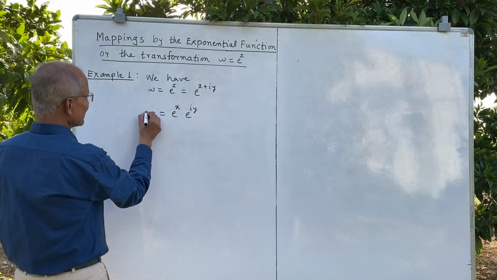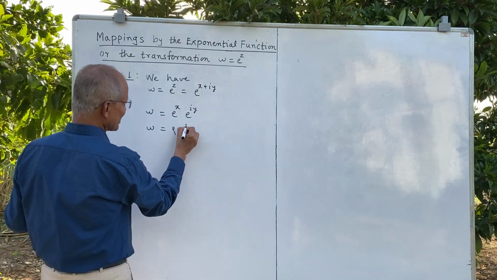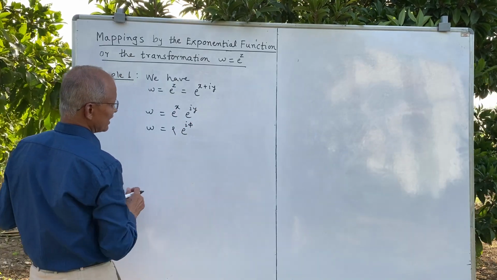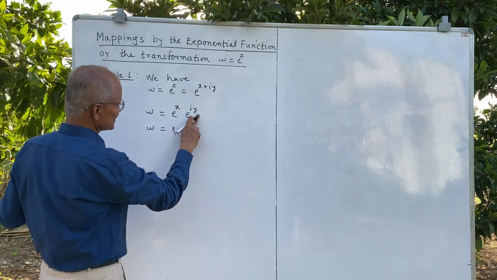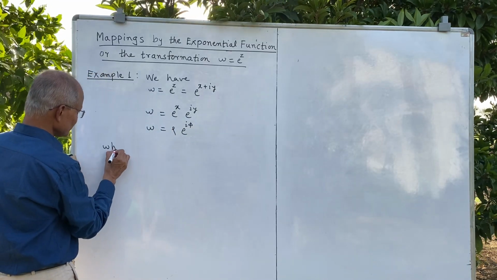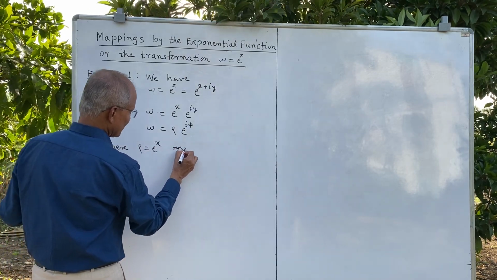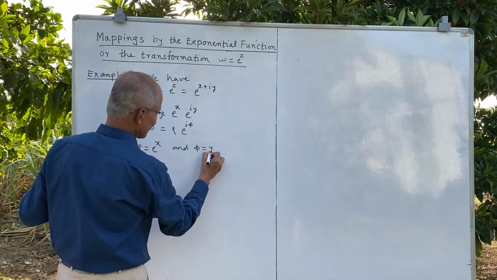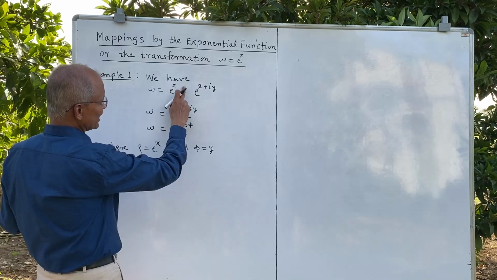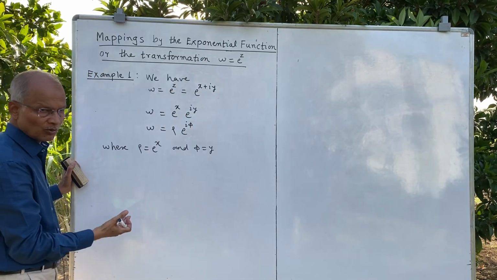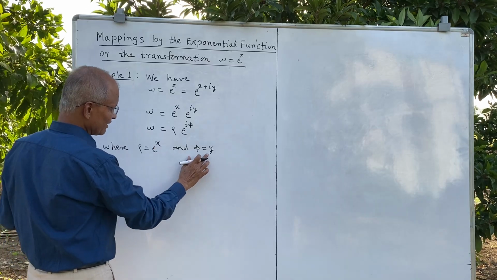And thus we can write this w in polar form as rho into e power i phi, where rho is e power x and phi is y, and thus a point (x, y), that is z, is transformed in w plane in polar form, whose polar coordinates are e power x and y.